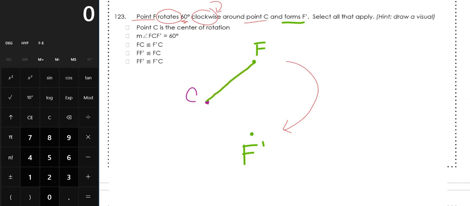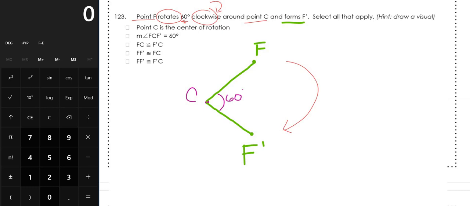And I'm also going to connect F prime back to the center. Okay, and the angle formed here is your angle of rotation, the amount that you rotated. It could be 60, it could be 90, it could be 100. Whatever amount you rotate, it's going to be this angle that you form when you connect the before and after points back to your center. So I'm going to label this as 60 degrees.